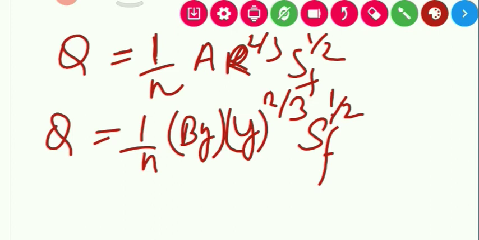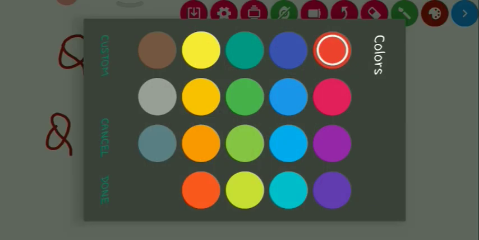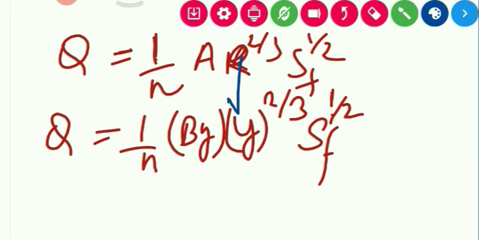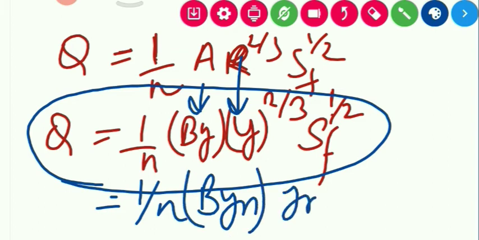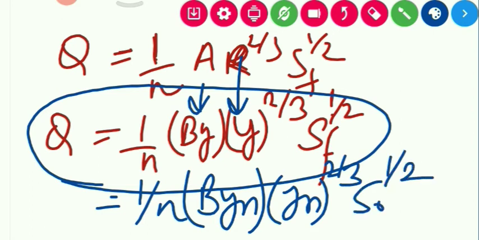It may be noted that the hydraulic radius has been replaced by the depth of the flow, and area we have written in another form. This is the general case of the flow. At normal depth of the flow, the discharge will be equal to 1 by n into b into normal depth, and the channel bottom slope will be s naught raised to the power 1 by 2.